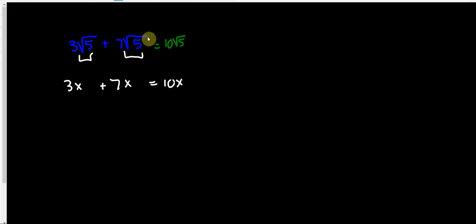Now I can only add them together if this part, the radical part, is identical. If it's not identical, then I just can't do anything with it. Let me give you an example of this. Let's say I have 2 times the square root of 3 plus 5 times the square root of 6 minus, I could do adding or subtraction, the square root of 3.